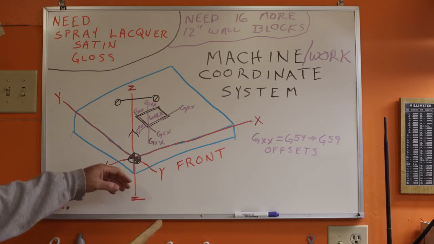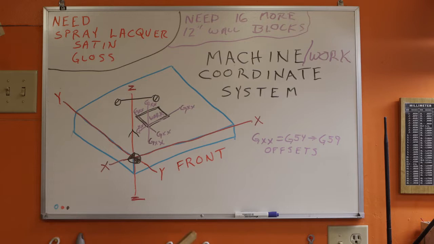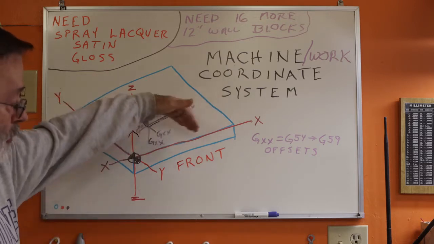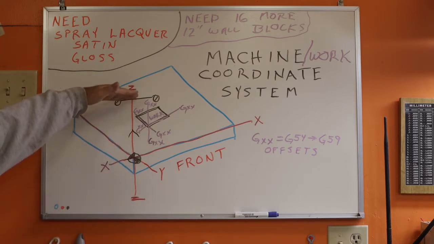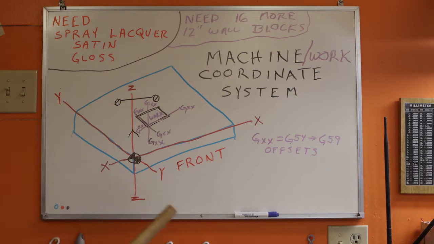When you tell the machine to go home X, Y, Z, 0, it's going to move all the way over to the X 0, all the way over to the Y 0, all the way over to the Z 0. Not necessarily in that order, but they will move all the way over to those home positions. If you don't have limit switches, then you have to set that machine 0, the machine coordinate system, in the software. Like in Mach 3, you can set it up in the software.